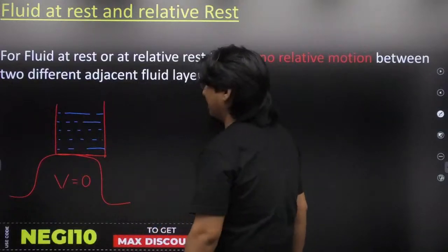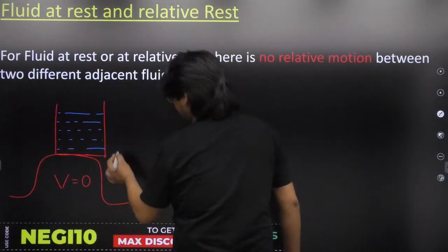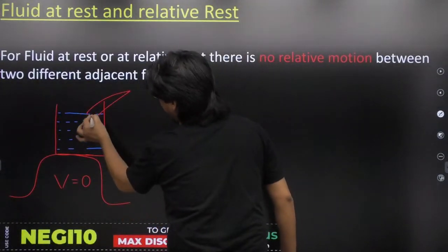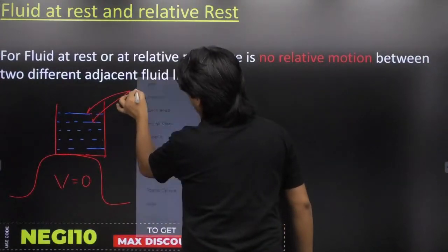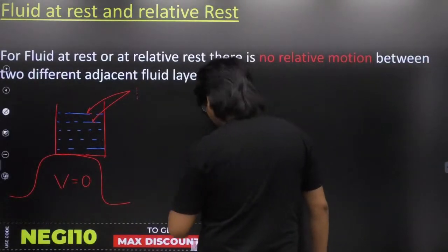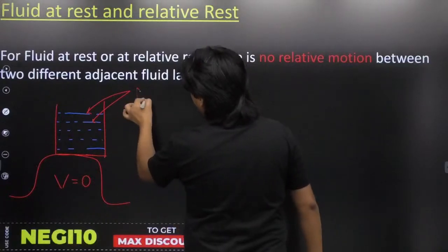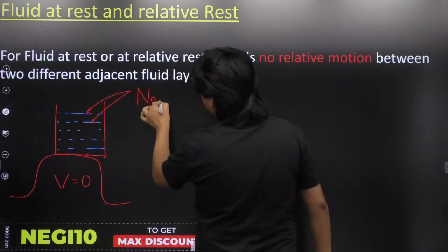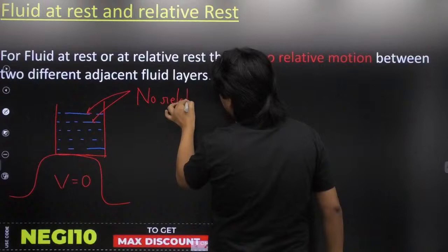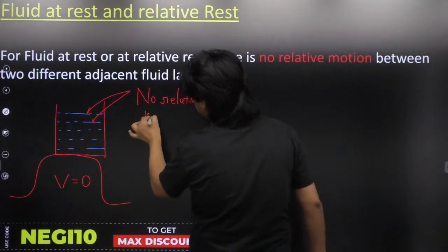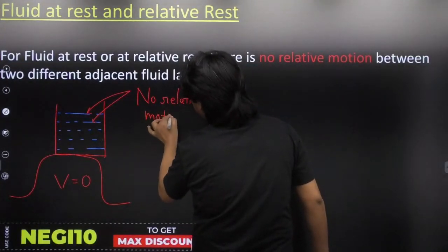V is 0, then 100%, the relative motion between two liquid layers will be 0. No relative motion. And there is one more thing.